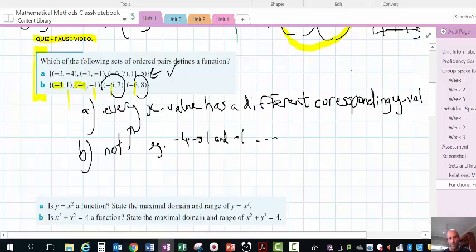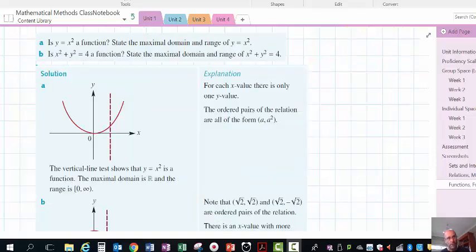Okay, so the first one was a function and the second one not a function. Both are relations, however.